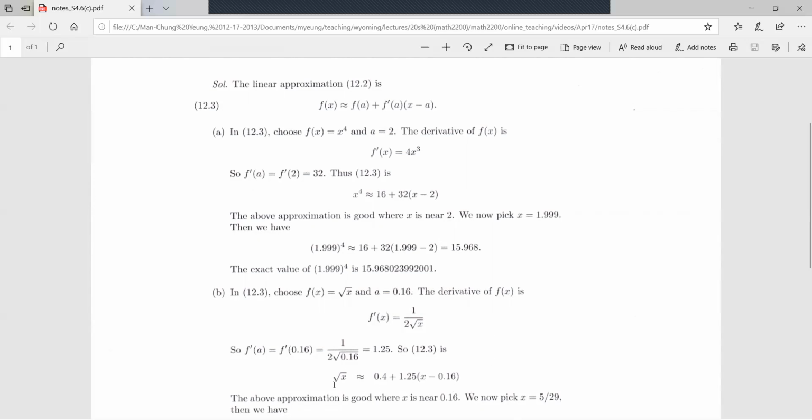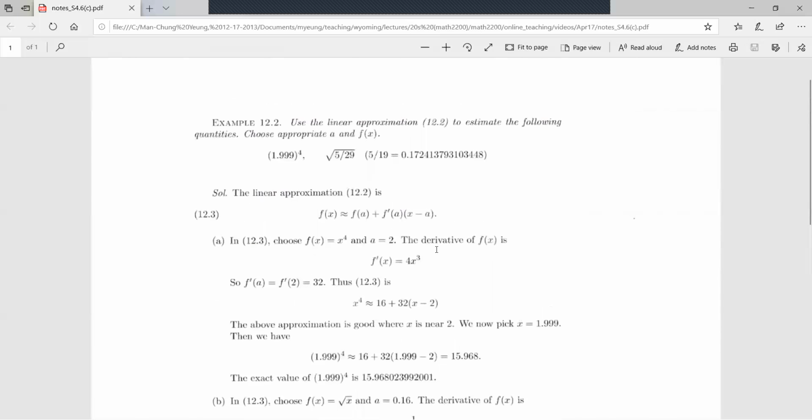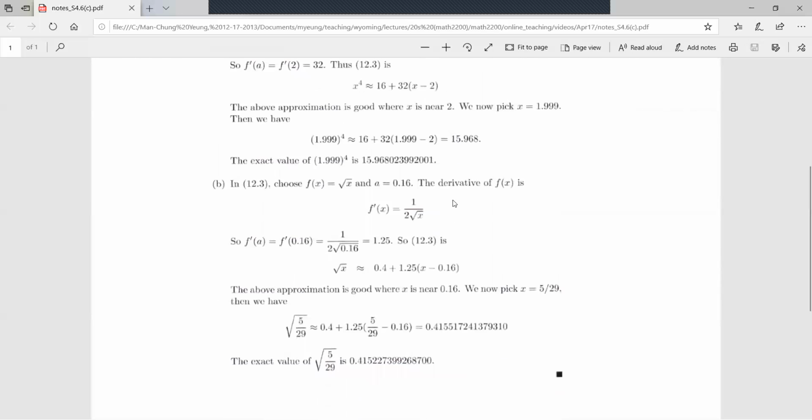Now, in this approximation, we set x to be this number, 5 over 29. Then we get this approximation.